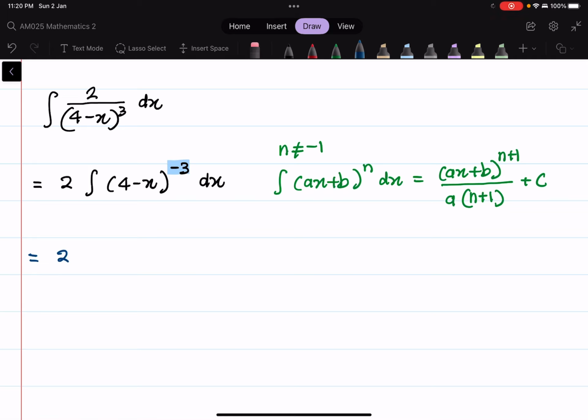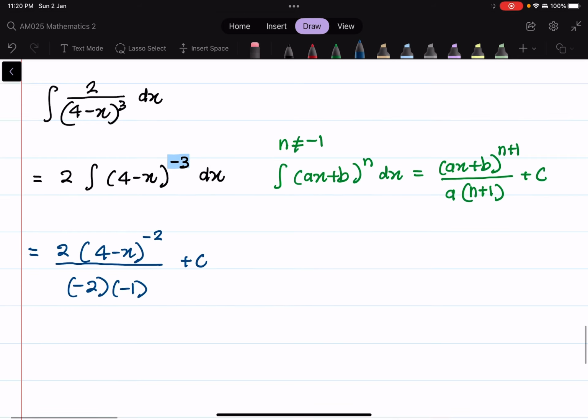So 2 is a constant. Copy down (4 minus x), negative 3 plus 1 is negative 2, divide by negative 2, and our a is negative 1.